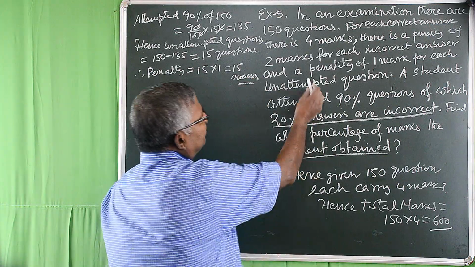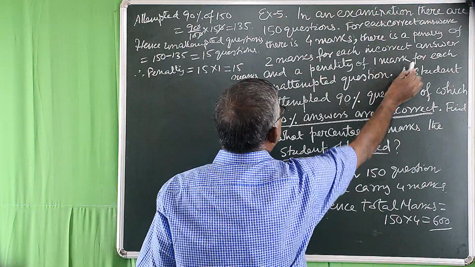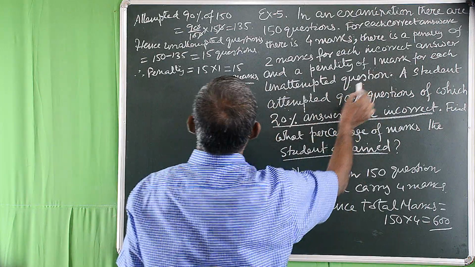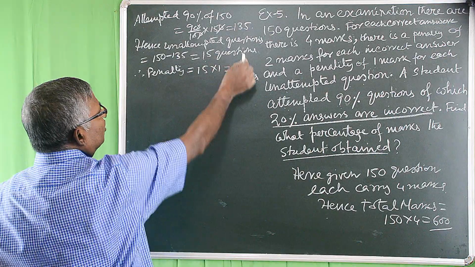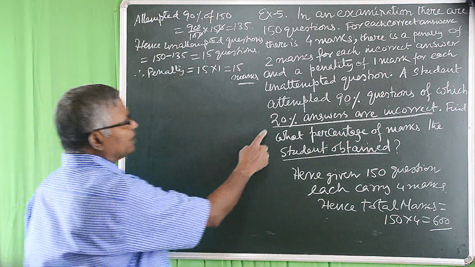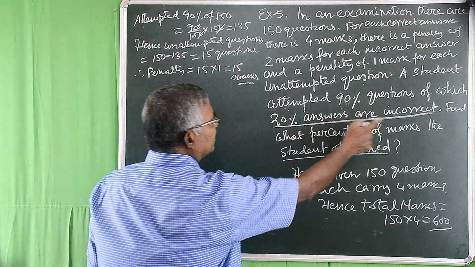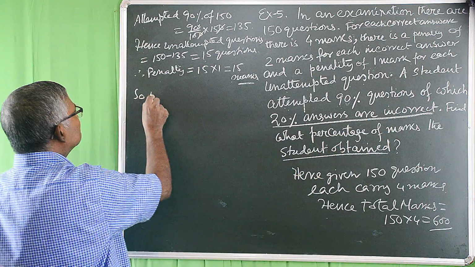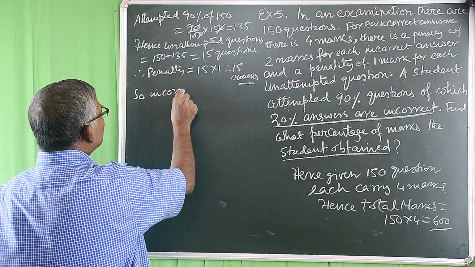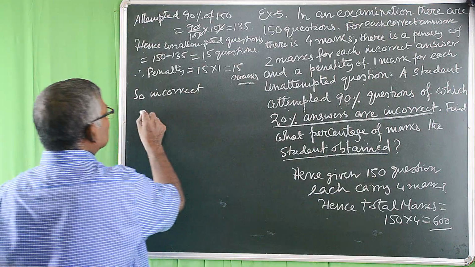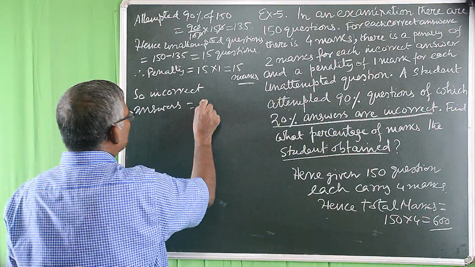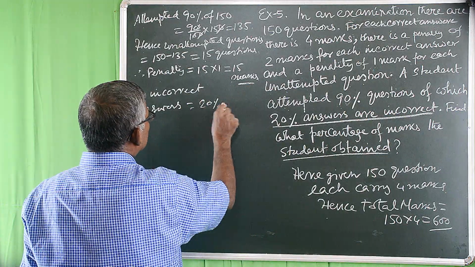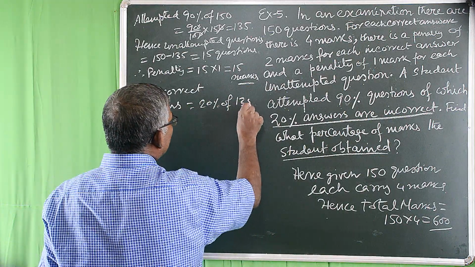Given that a penalty of 1 mark for each unattempted question, so penalty for 15 unattempted questions equals 15 marks. 20% answers are incorrect, so incorrect answers equal 20% of 135.